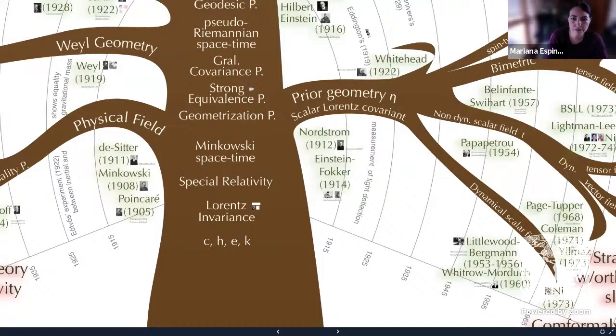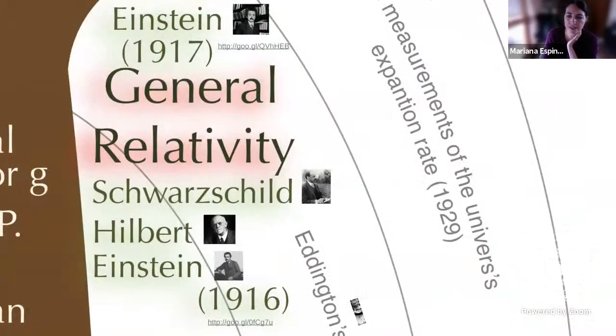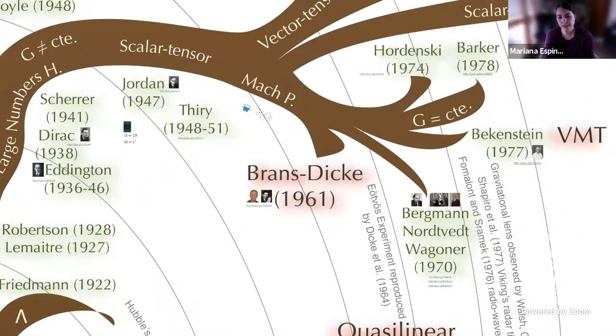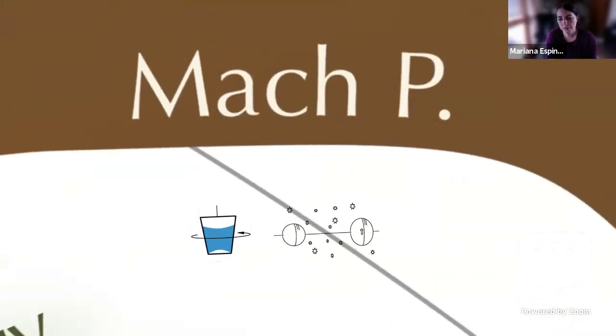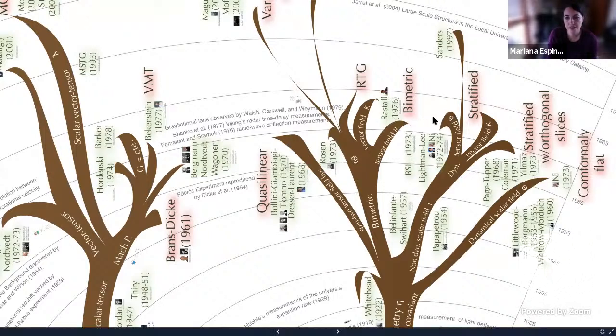If you zoom in a little further, you can find some pictures that may represent some of the concepts I'm telling you about, and also pictures of the authors. And along the timelines, in gray, you have crucial experiments and observations that were really important in gravitation, and that would somehow constrain theories to keep growing.